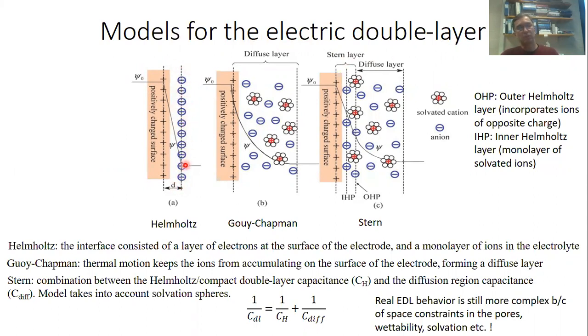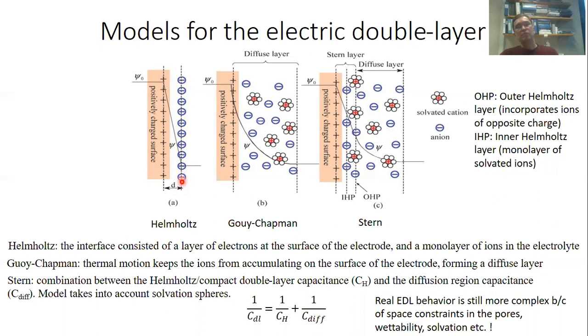This Helmholtz model assumes that we have a so-called compact double layer of ions on the surface which is charged, and there is a distance between the centers of the charge which is uniform.